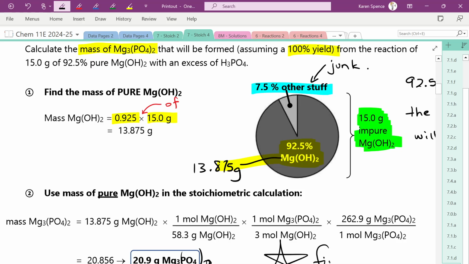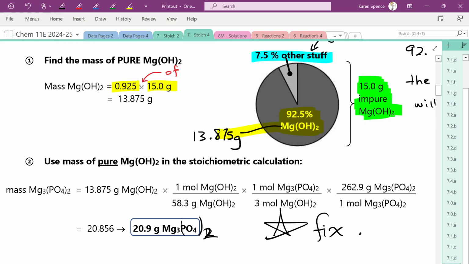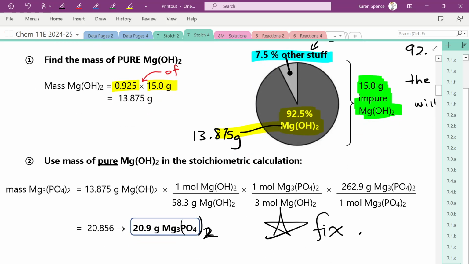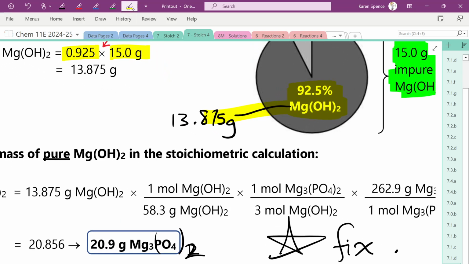Fix. Okay. Anyway, then it just becomes stoichiometry calculations. Yes, we have our grams of MgOH2, and to find out the Mg3PO4, we have to go through the mole.